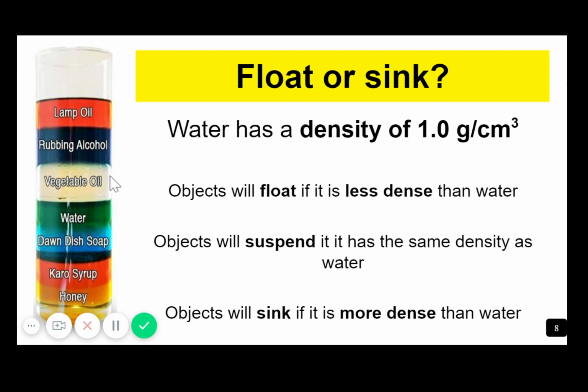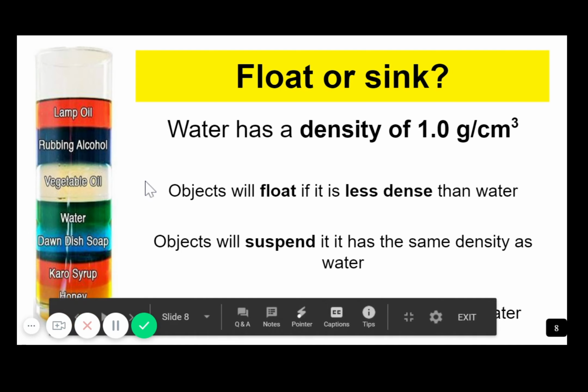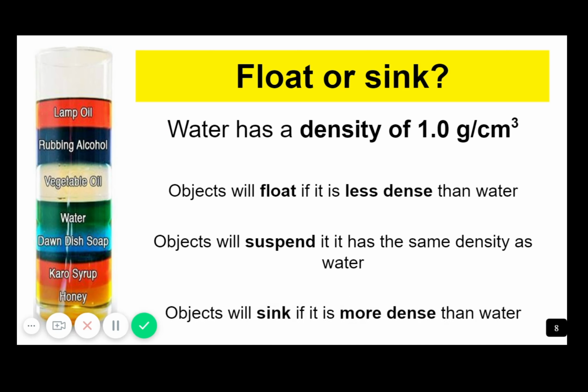We know that vegetable oil is less dense than water because it's sitting right above, but it is more dense than the lamp oil and rubbing alcohol. Same goes for honey. Honey is the most dense because it's able to go right through the water itself. This is only an indication. It's not an exact calculation, but it's a good indicator to tell you whether the object floats or sinks.